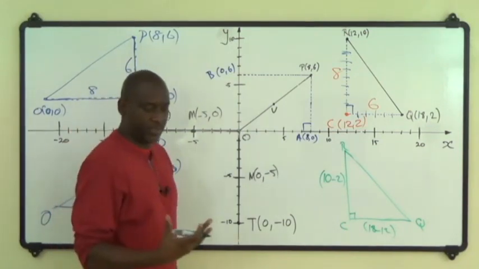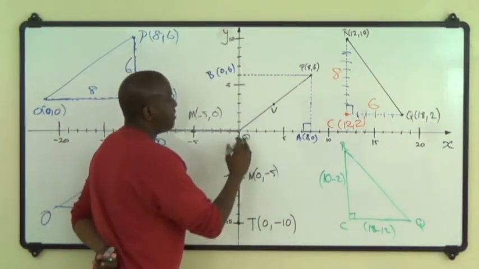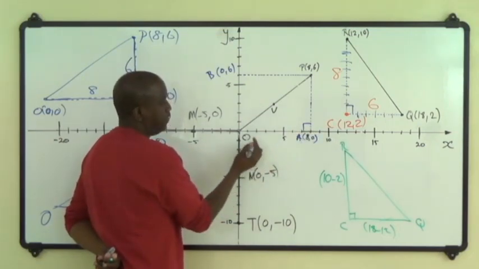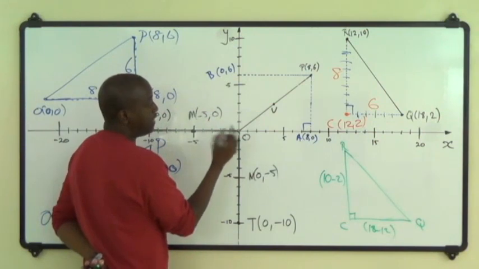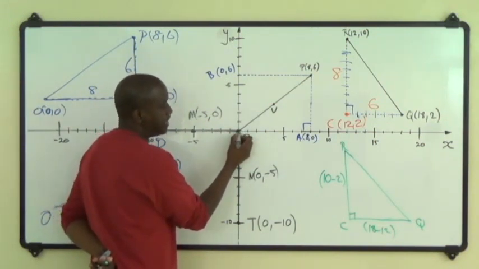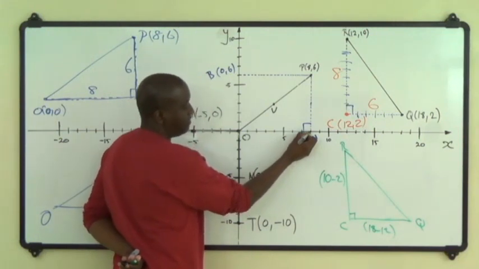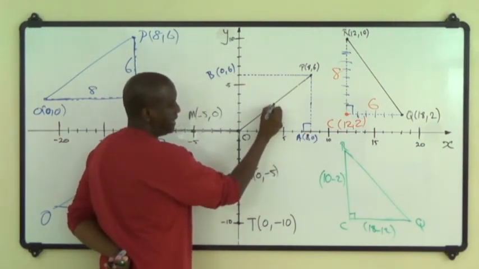So in other words, whatever the distance we travel horizontally to get from one end of the line segment to the other end, we expect to travel half of that distance to get to the midpoint.